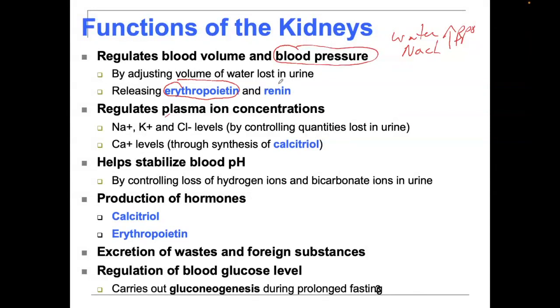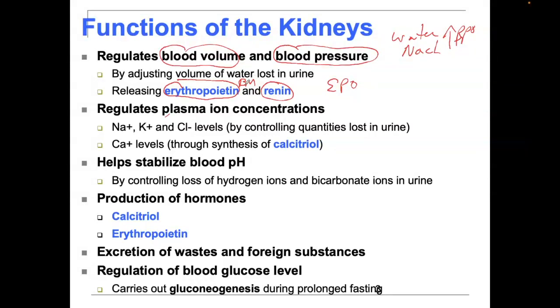Okay. The kidneys are involved in regulating blood pressure, and they use two hormones to influence that. They can influence blood volume and blood pressure by using erythropoietin, typically referred to as EPO, and renin. Erythropoietin is released by the kidneys and goes to the bone marrow.